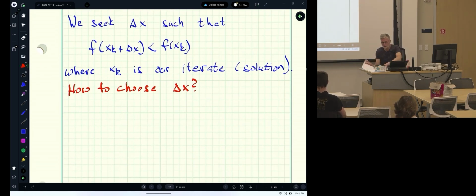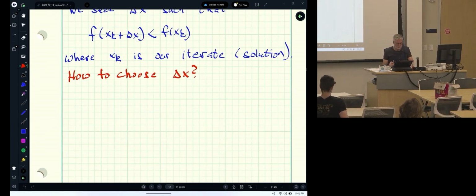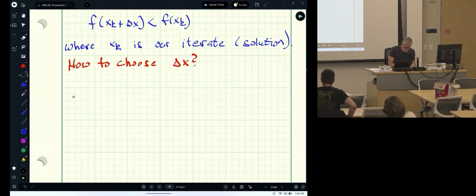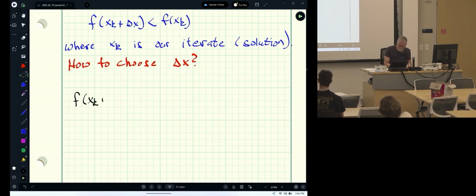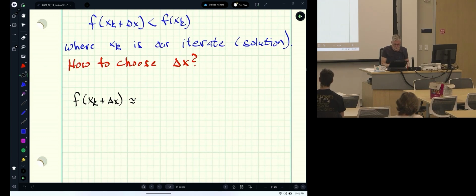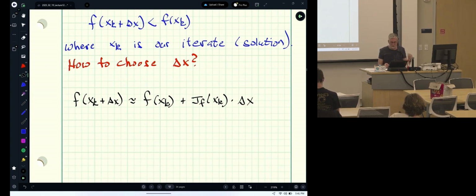Choose delta x. So we go back to our linearization. F of xk plus delta x is approximately f of xk plus, yes, the Jacobian times delta x.